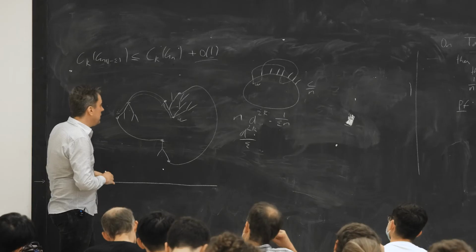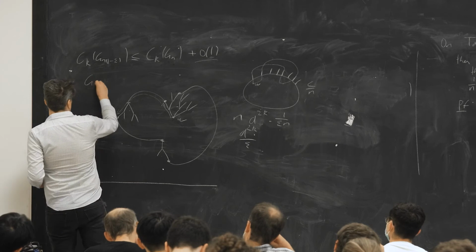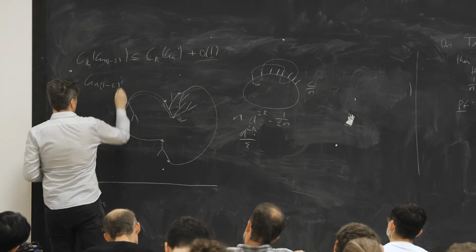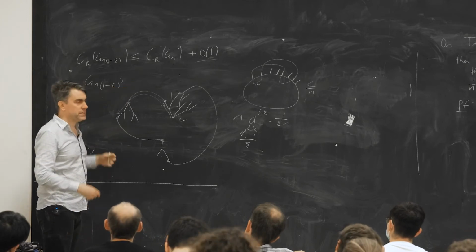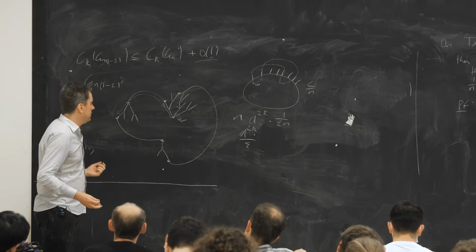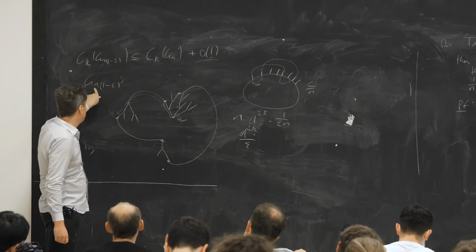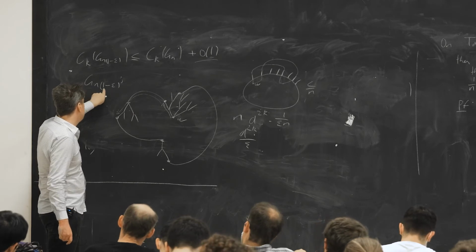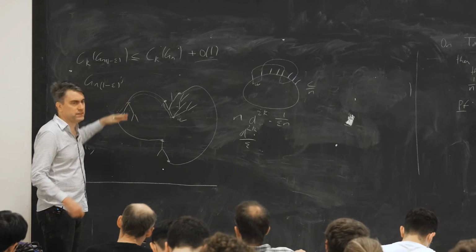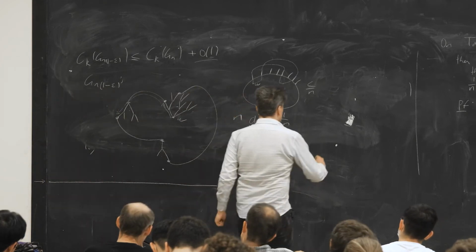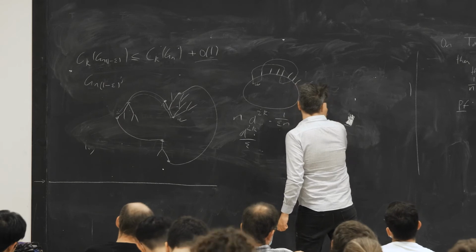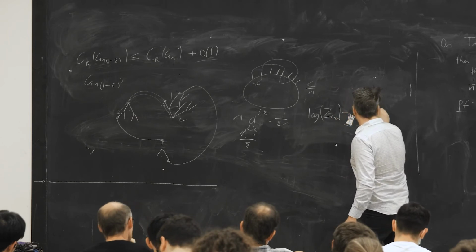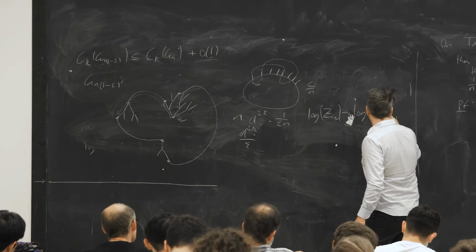And then we can just run the argument iteratively, let's say j times, so we'll have n times (1 minus epsilon) to the j number of vertices, and take j big enough so that (1 minus epsilon) to the j is small.